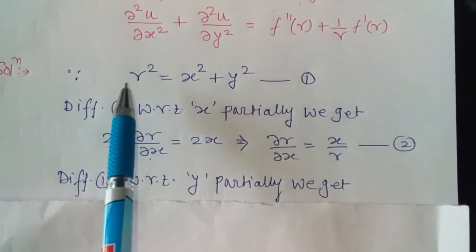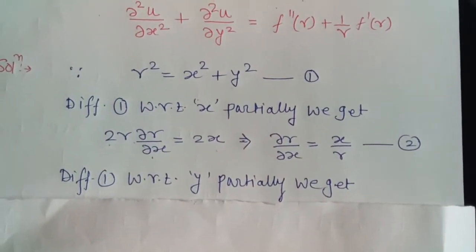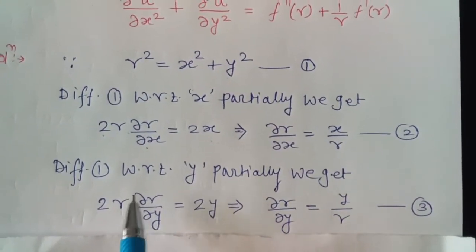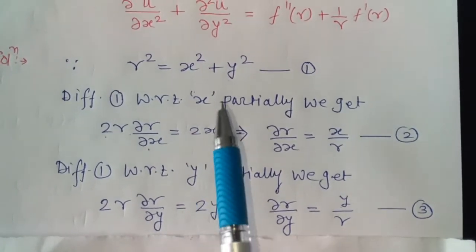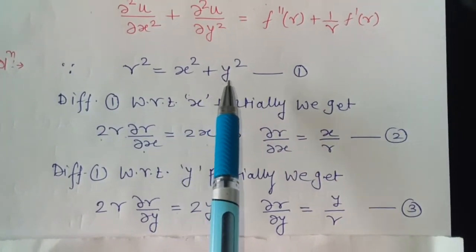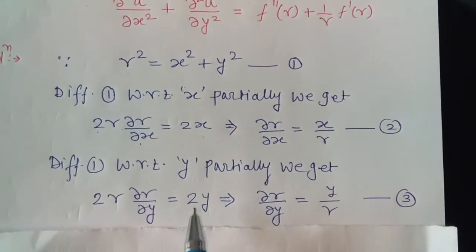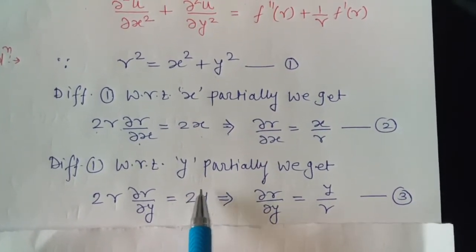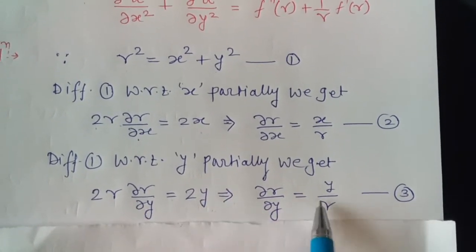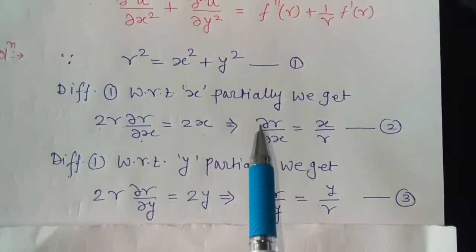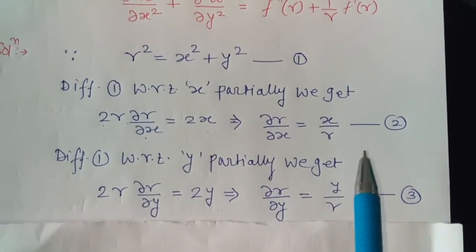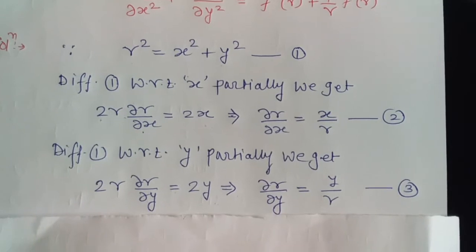So the differential of r square with respect to y is 2r del r by del y equal to, here with respect to y, x is constant, so the derivative of x square is 0 and the derivative of y square with respect to y is 2y, which implies 2 and 2 cancel and the value of del r by del y is y by r. So here we find the value of del r by del x is x by r and del r by del y is y by r. These values we require in our further solution.